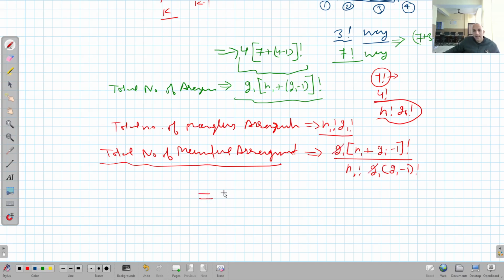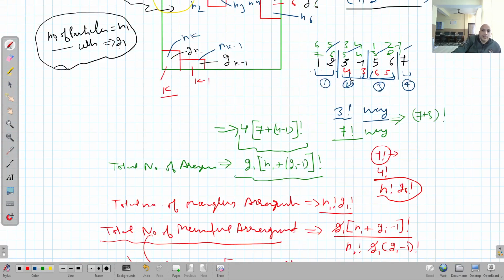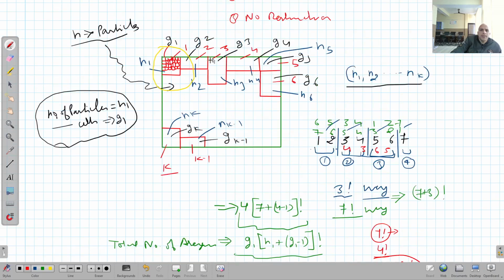Then I will be left with N1 plus G1 minus 1 factorial divided by N1 factorial into G1 minus 1 factorial. So this is the total number of meaningful arrangements for the first compartment. Clear? First compartment. So we will get the same type of results for the other compartments also.